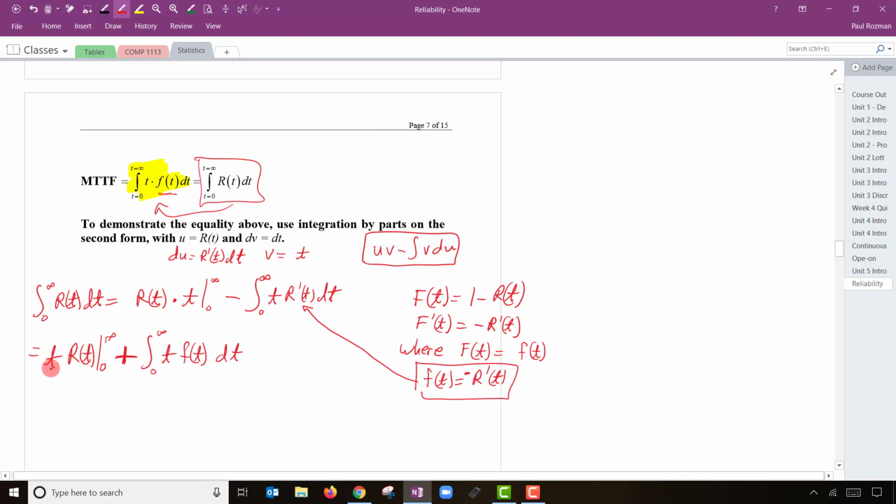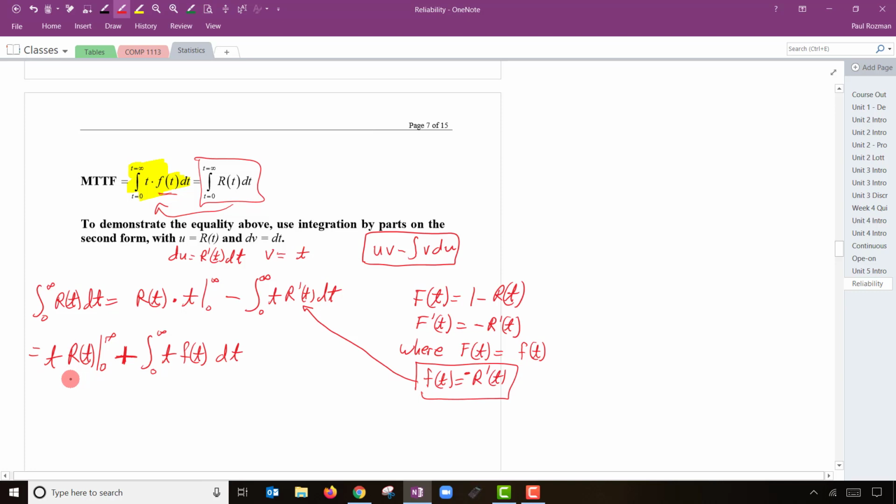So we'd essentially have infinity times 0, but the reliability, the probability of lasting an infinite amount of time, would approach 0 faster than t would approach infinity. So that means that this piece would essentially go to 0. And if we plug in 0 for this thing, obviously 0 times what's the reliability at time 0? Either it's perfect, so it's 100%, or maybe it isn't, which means it's also 0. So this is 0 in that case as well.